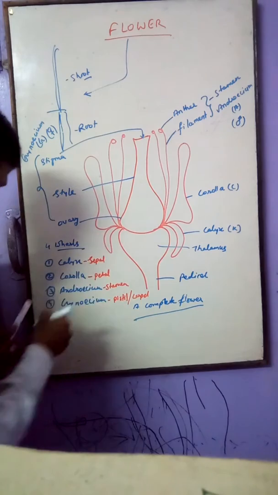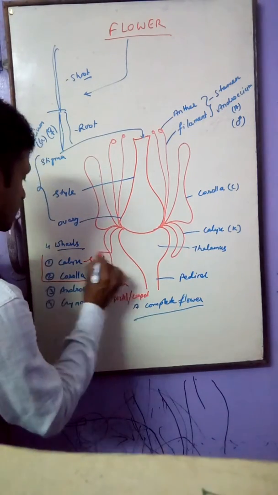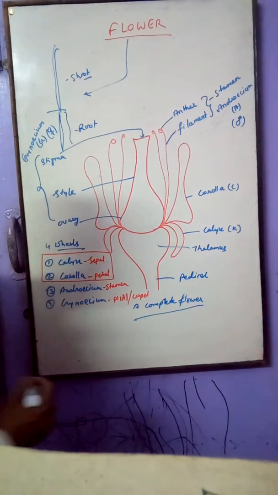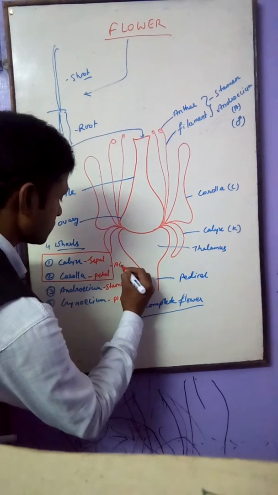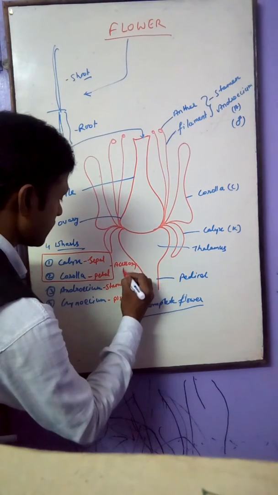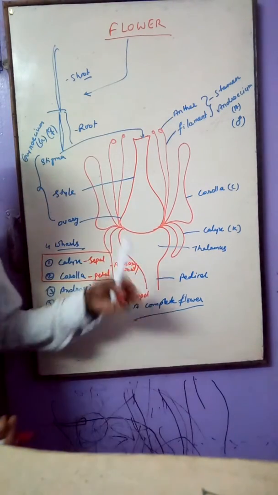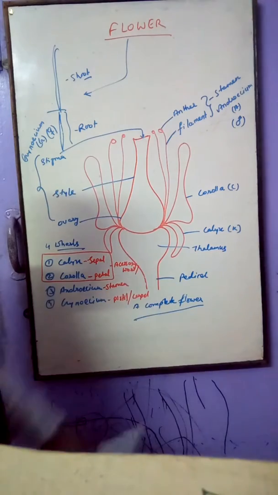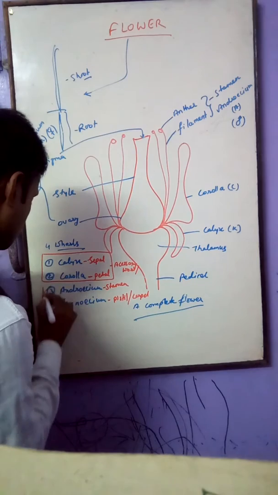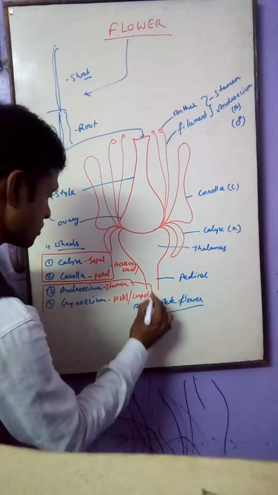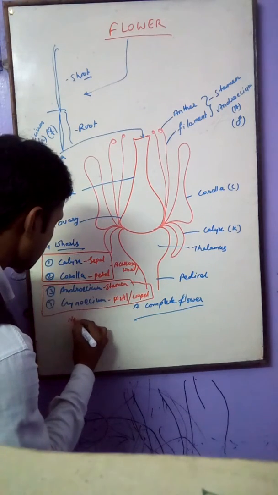These two belong to one group, and the name of the group is accessory whorl, or helping whorl, as they help the flower to participate in the process of reproduction. And the next two whorls are considered as necessary whorls.